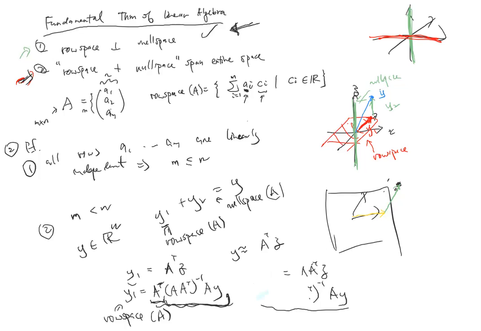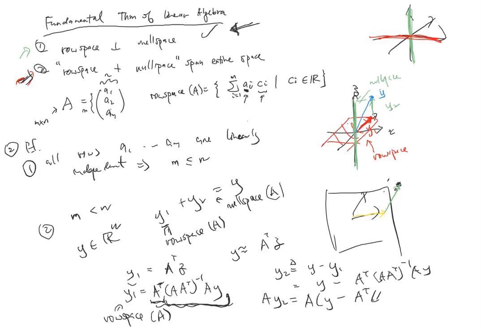Now, if I consider the difference y minus y1, I define y2 as y minus y1. So it is equal to y minus A transpose (A A transpose) inverse Ay. I claim that y2 is in the null space. We can see that immediately, because Ay2 is equal to Ay minus A A transpose (A A transpose) inverse Ay.